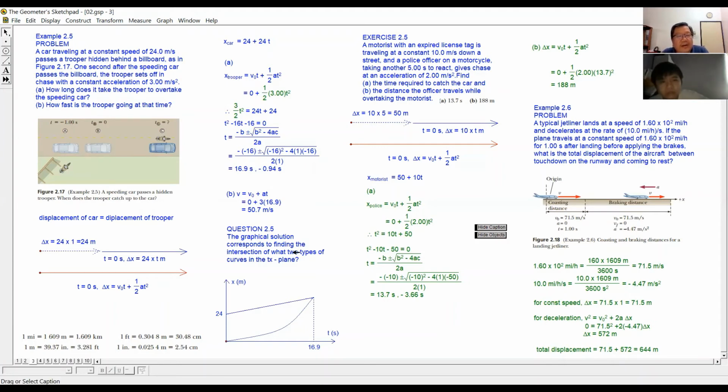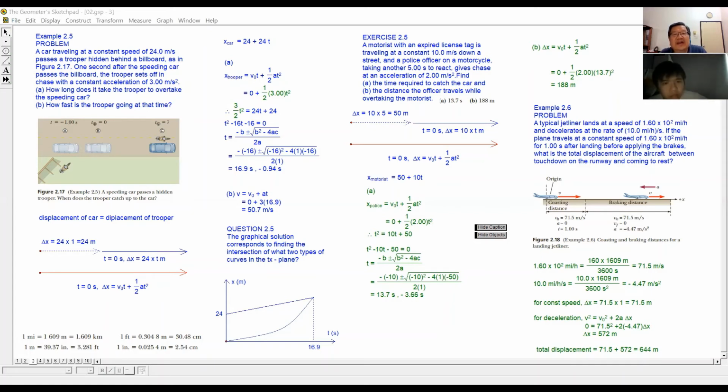Now, they want to know the graphical solution, corresponding to finding the intersection of the two curves in the tx plane. This tx means time versus position. Where is it? Policeman, not this one.